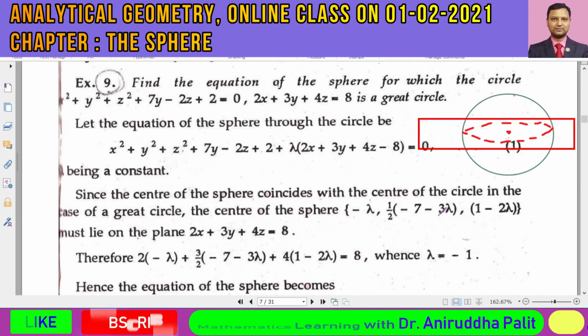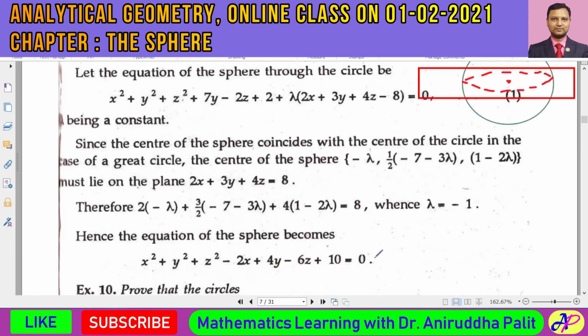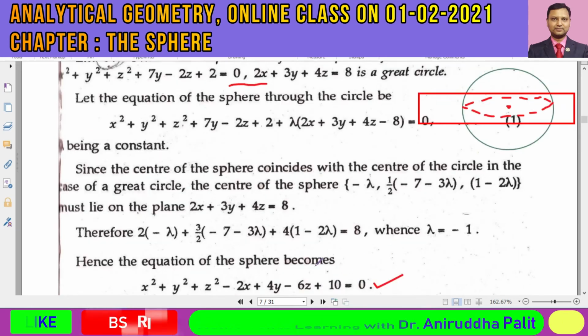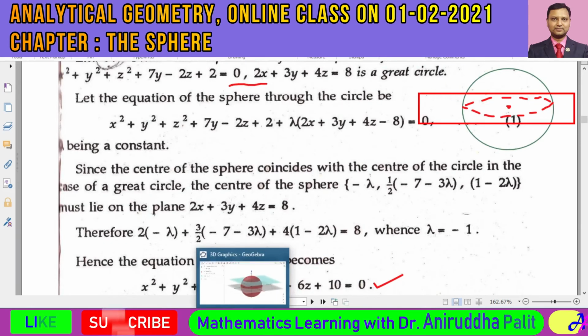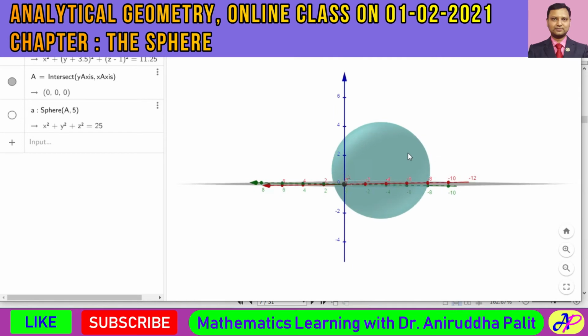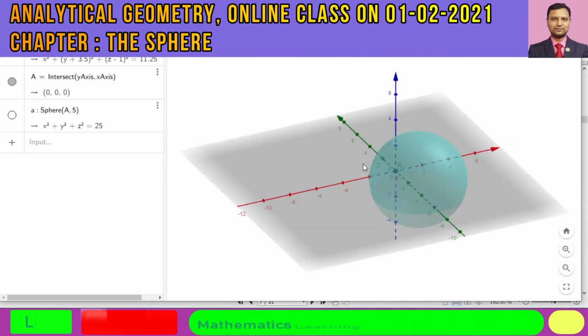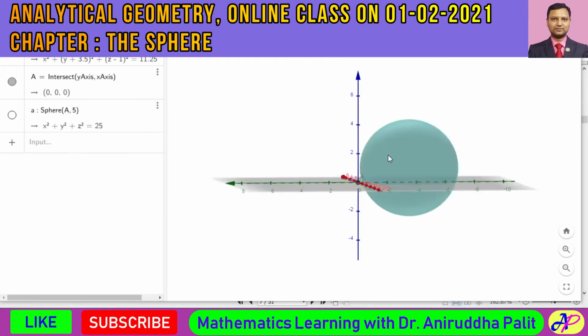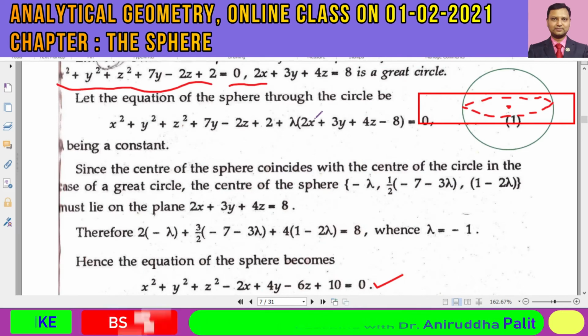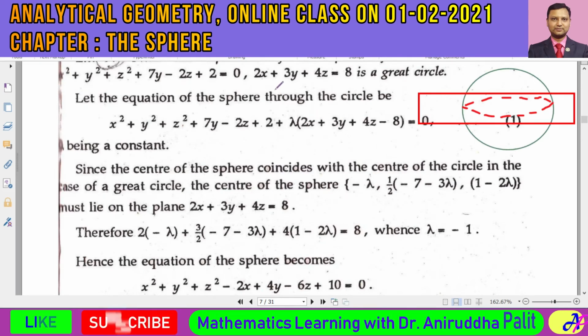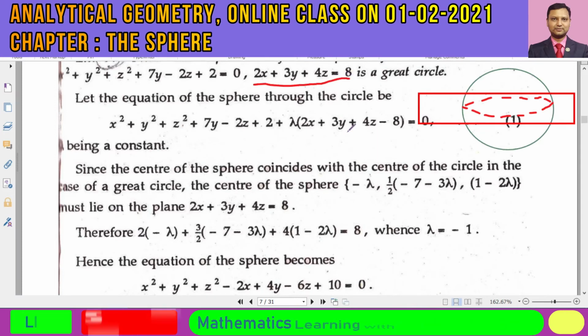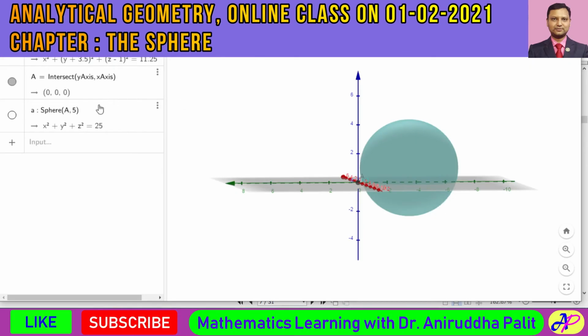But let's try to compute the equation of this plane and the equation of this sphere through software. So this is the sphere. And now let us draw the equation of this plane: twice x plus 3y plus 4z is equal to 8.